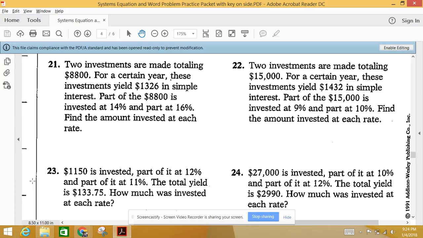Now, one of the investments was in some sort of project that promised to get you 14% back. The other part was in something that promised to give you 16% back. Now, the combination of those two portions of what you invested, the 14% and the 16%, comes together to be the 1,326 combined yield or money that comes back to you.